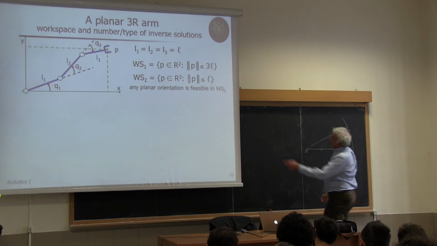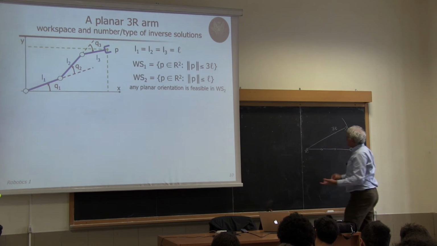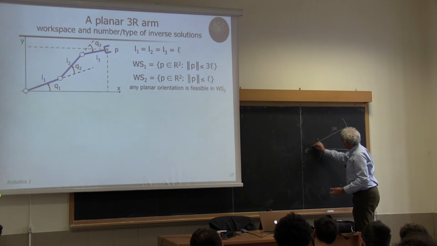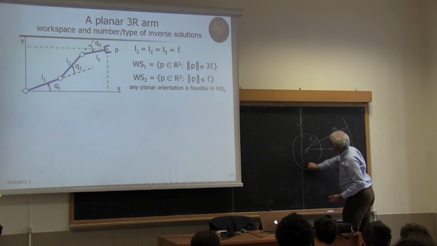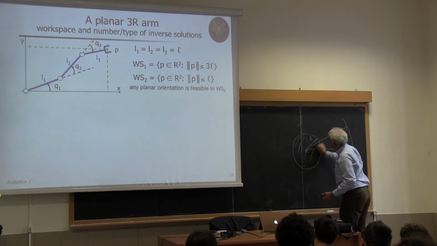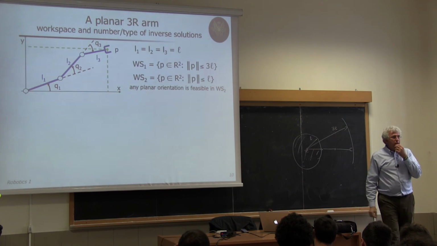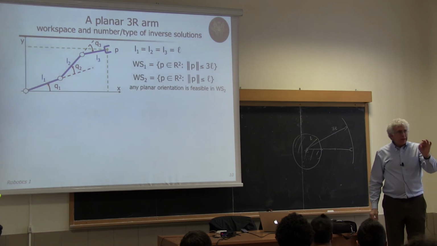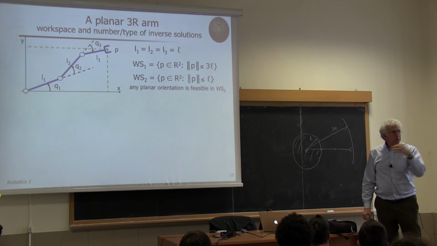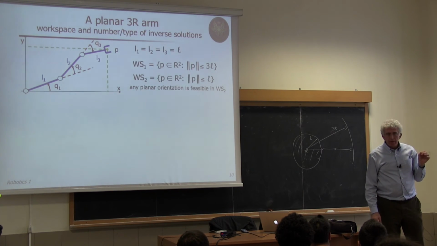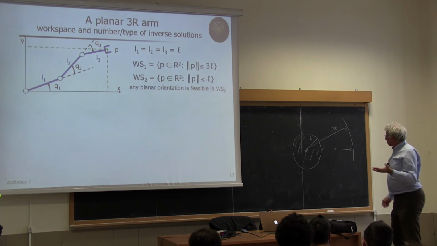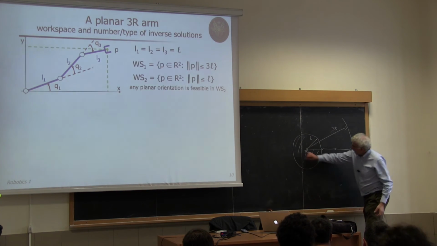And I'm saying that if the position is inside a radius equal to the first link length, so inside this circle, I can put the end effector in any possible planar orientation. And you can do this very simply. Take any point here.